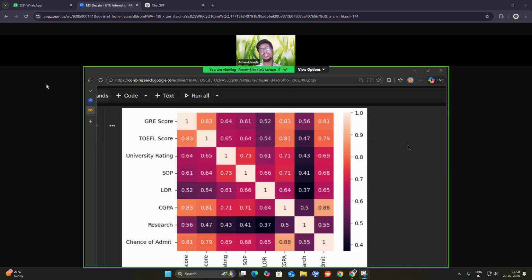Does it tell you about correlation or about collinearity? What is the difference between correlation and collinearity? You know collinear, right?